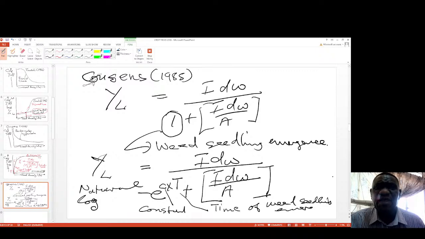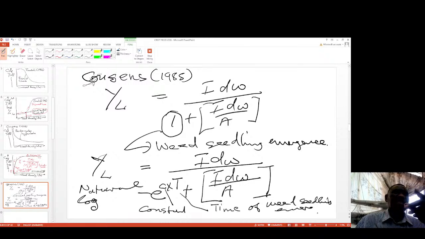Okay, so using this equation in that manner, we can really predict the crop yield loss equation.